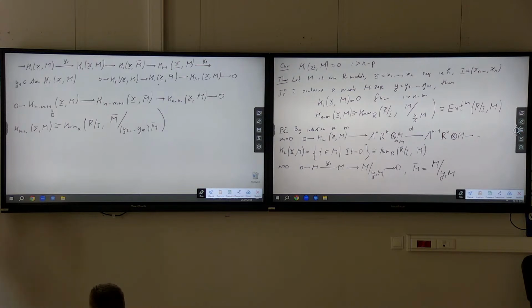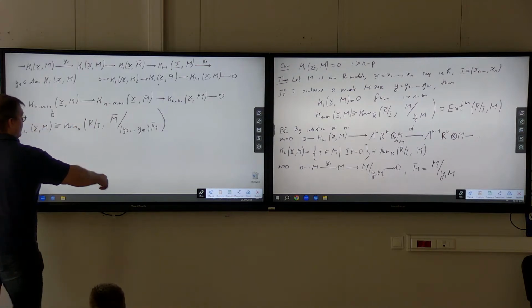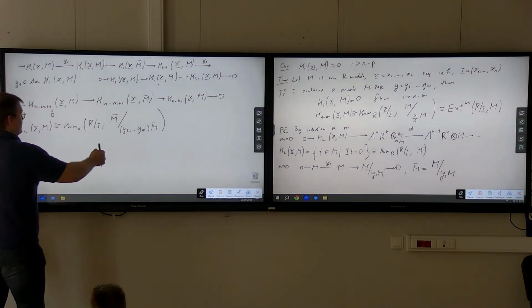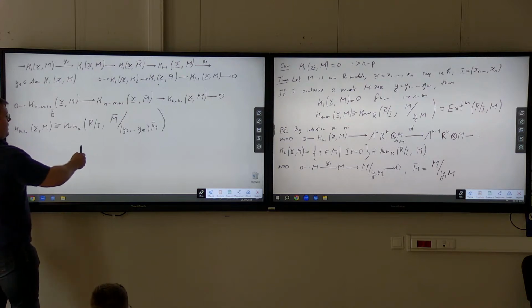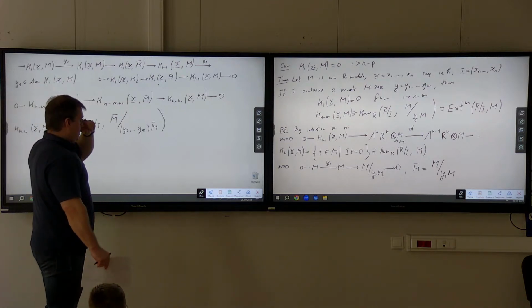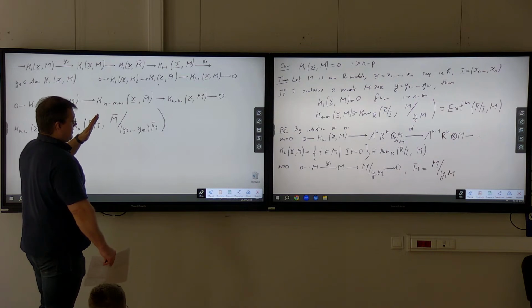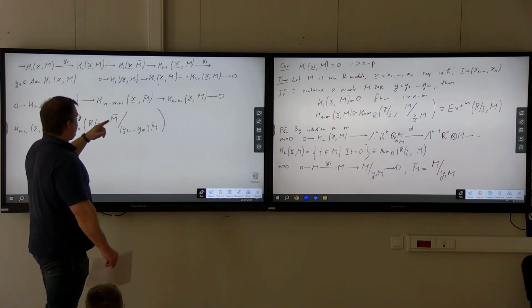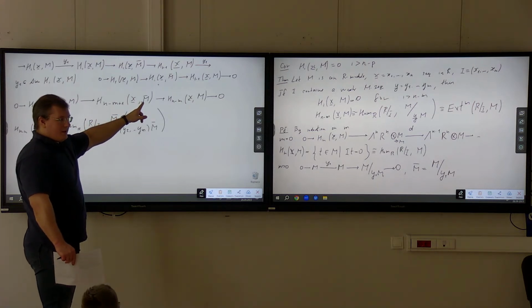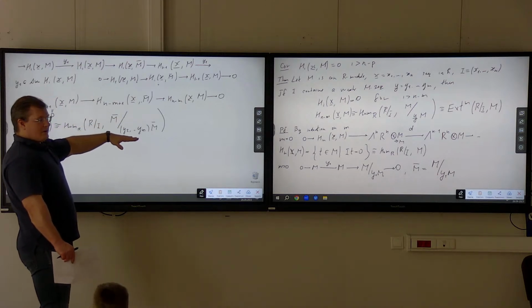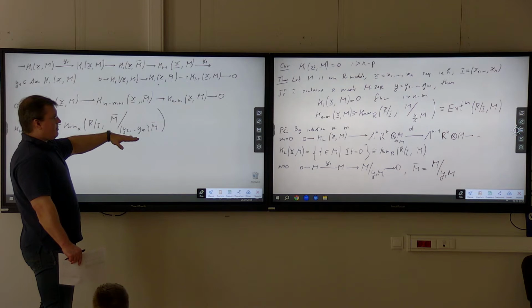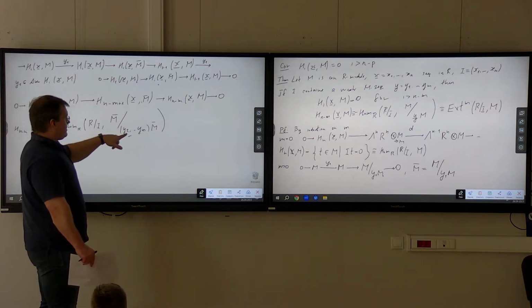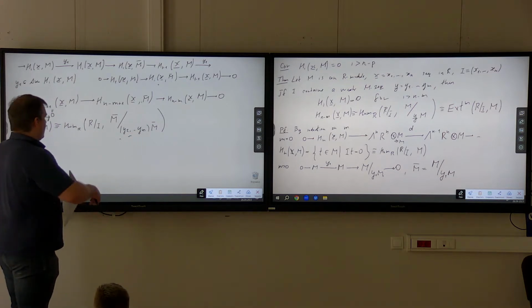Okay, so this is 0, I have this isomorphism, I'm still trying to compute this, and now I know that this will be the first non-zero Koszul homology from the left, but for the module M bar. And by the induction hypothesis, I already know how these things are supposed to look. For M bar, I have a regular sequence which has length m minus 1 and starts with y2.